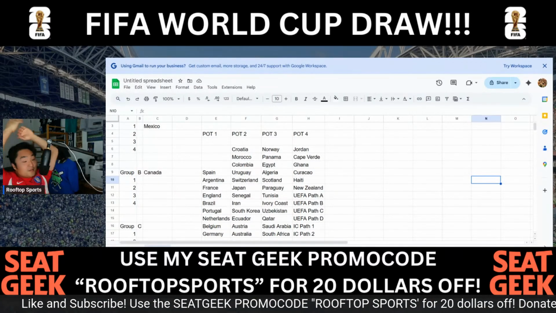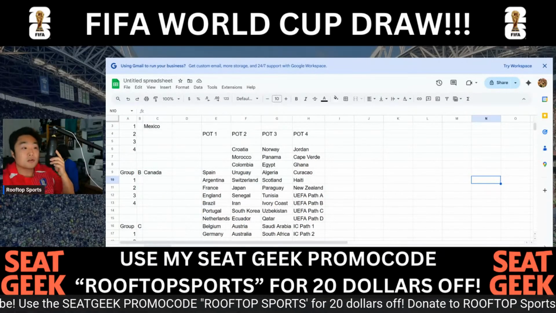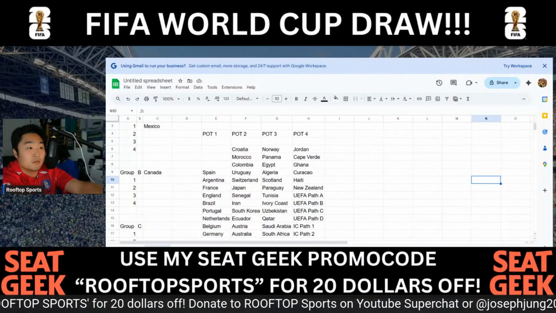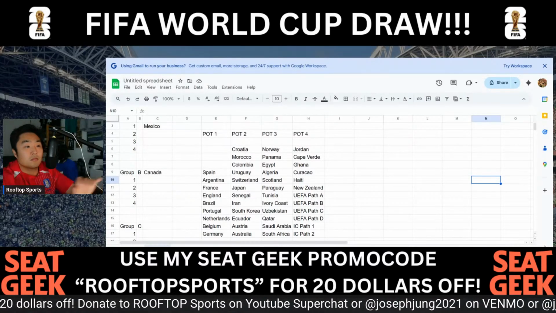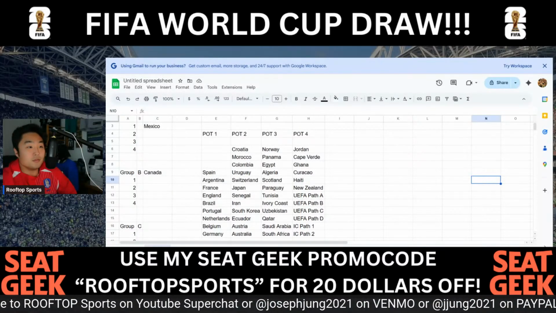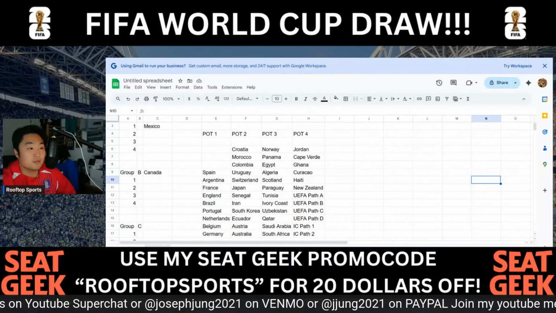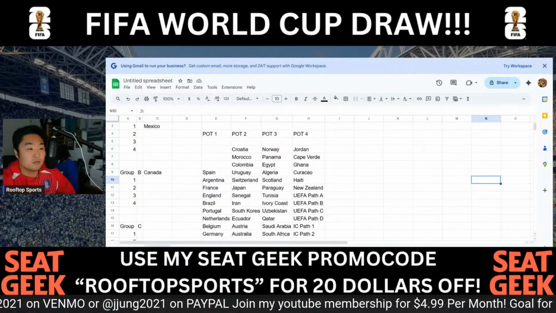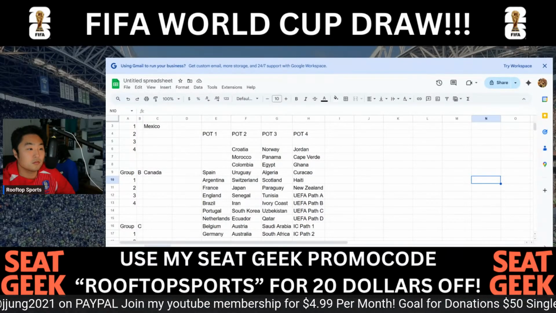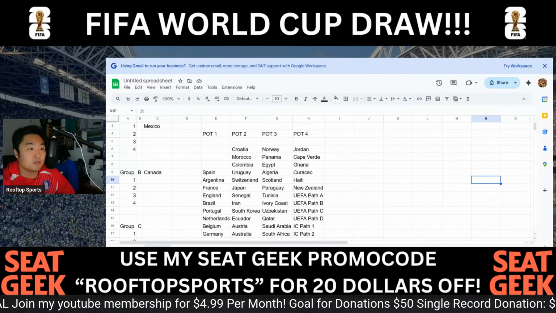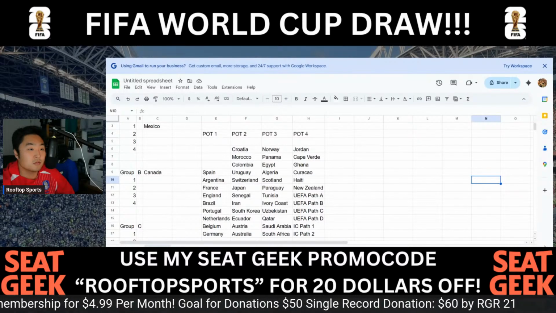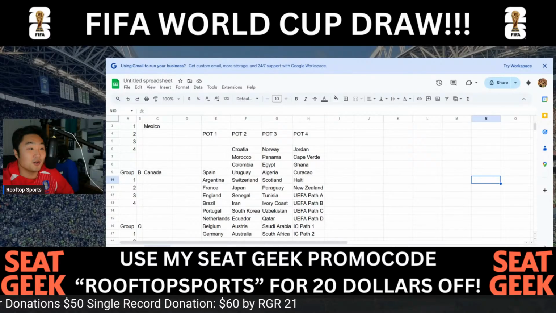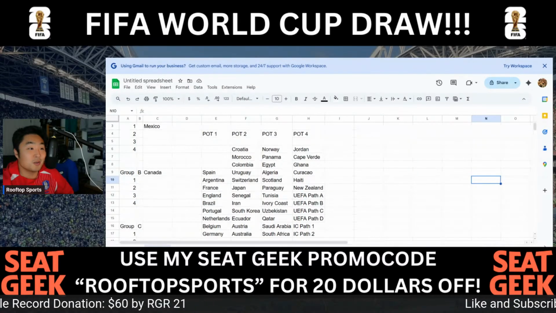This gets really annoying. The planning for this World Cup draw has been utterly shambolic. People generally need to lose their jobs for this.